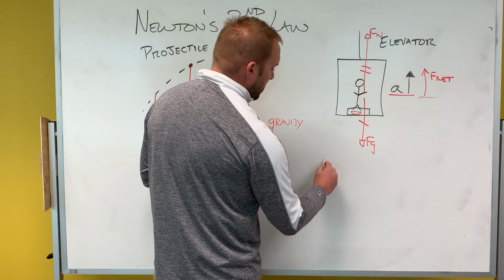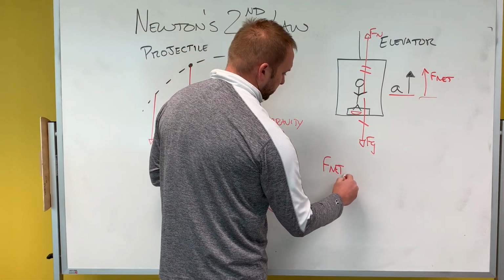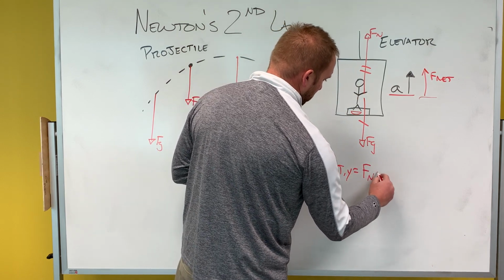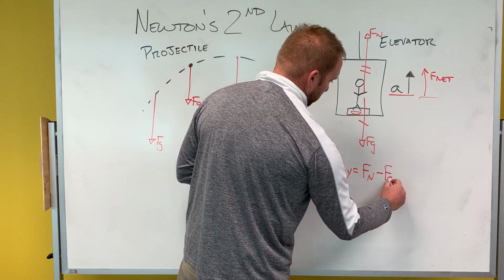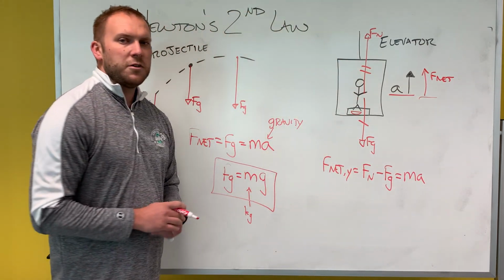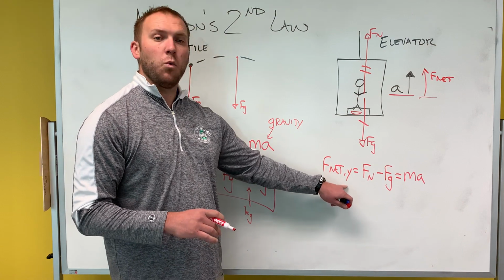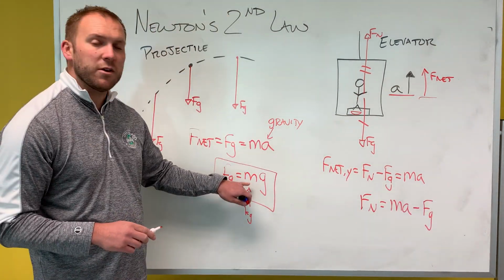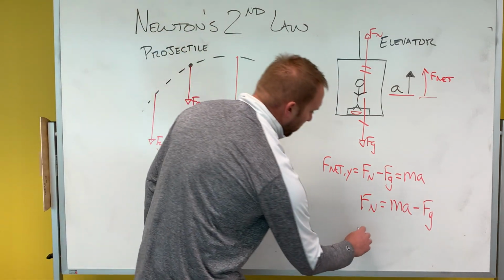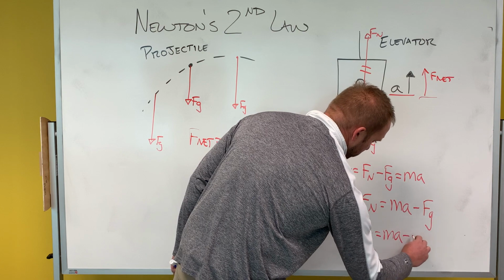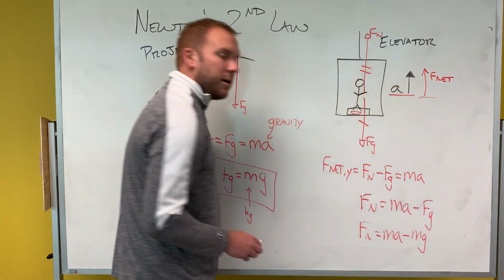So if we were to find the net force, the net force in the y direction is the normal force minus the force of gravity. The force of gravity is mass times little g, so I'm going to rewrite this.